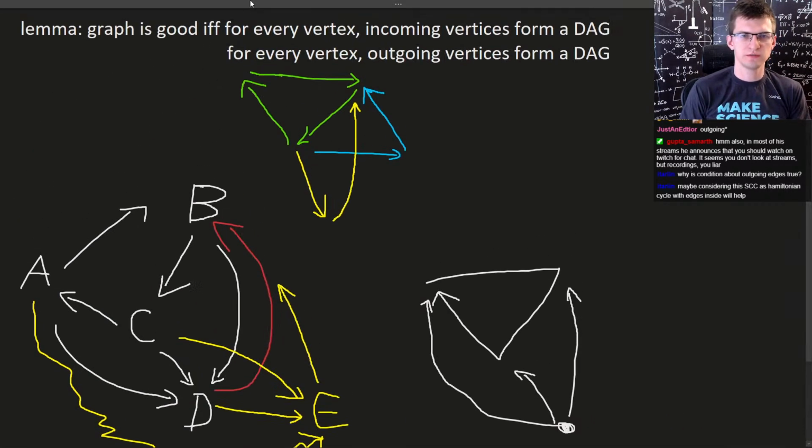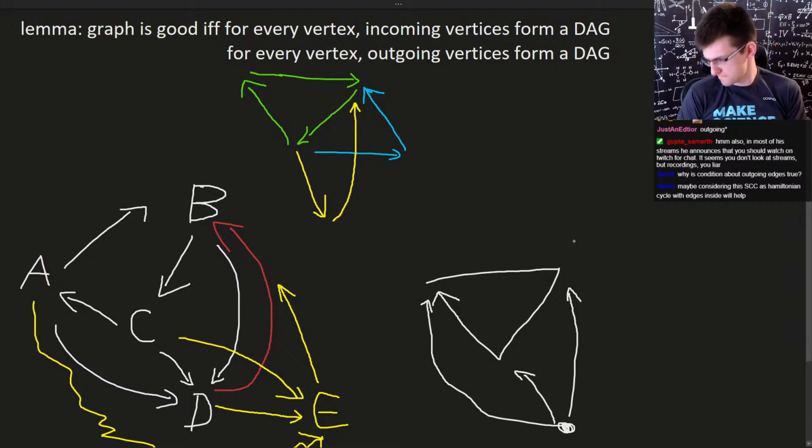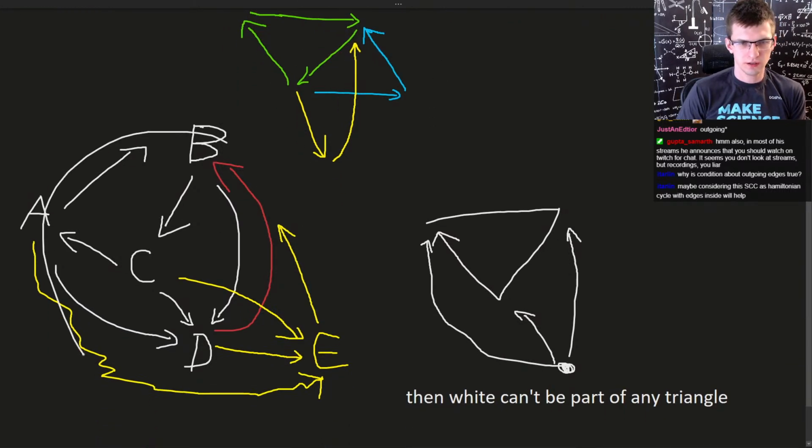And then we have this first sentence, this second sentence, this one. Well, with those two combined, let's look at any vertex. Can I remove this?